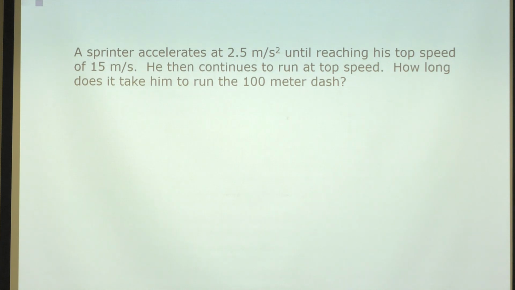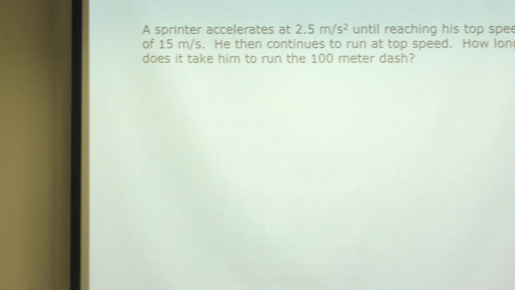So I think for this one, the motion diagram is really important. I'll show you why. Okay, so what does it say? It says he accelerates.